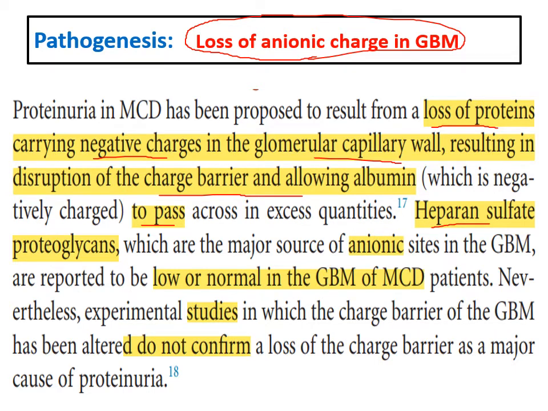Heparan sulfate proteoglycan, the major source of anionic sites in the glomerular basement membrane, is reported to be low or normal in the glomerular basement membrane of minimal change patients, while studies don't confirm. There is still a debate about that mechanism in the pathogenesis of minimal change, but it is a suggested theory.